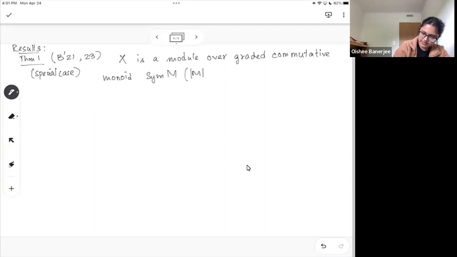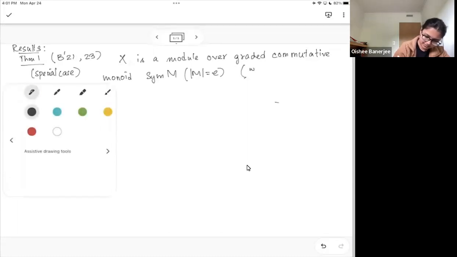Let me write it like this. Having a module over a graded commutative monoid isn't enough for what I'm going to write next. There has to be some very minor additional condition that I will not get into.